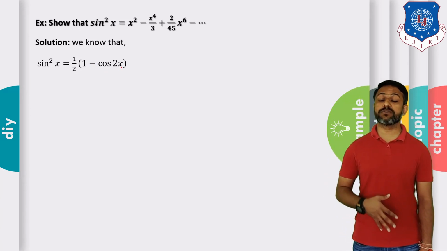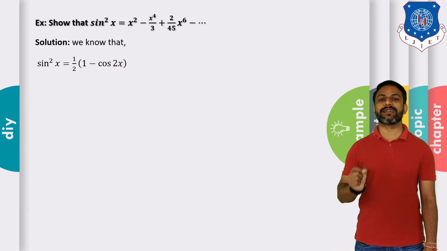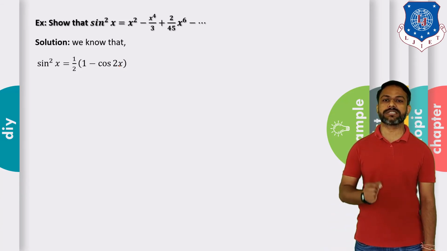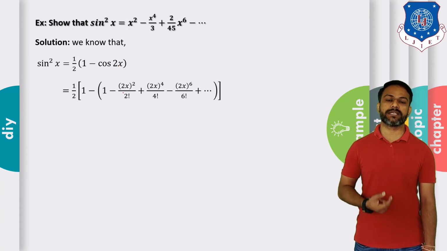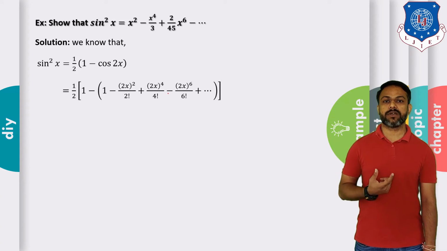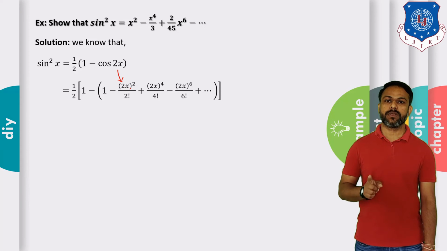Now we know the standard expansion of cos x. In that standard expansion, we replace x by 2x and obtain the standard expansion of cos 2x. So here we have 1 by 2 into bracket 1 minus the series of cos 2x.